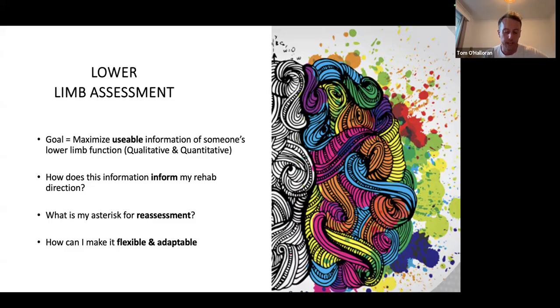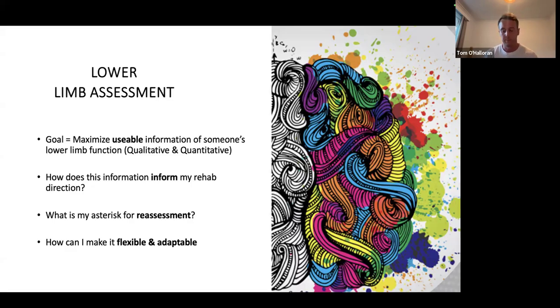But any assessment needs to be flexible and adaptable. I need to be able to assess someone healthy coming in trying to prevent an injury, writing a strength or prevention program, or someone really unhealthy with a chronic lower limb issue.